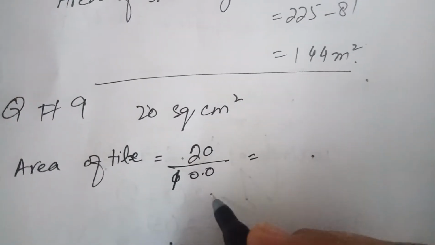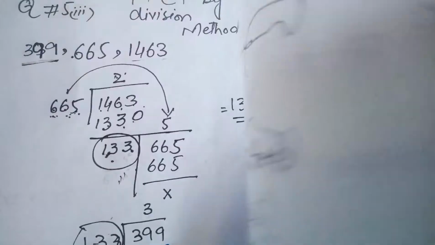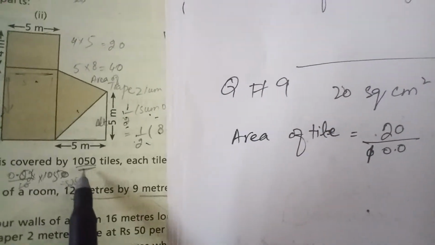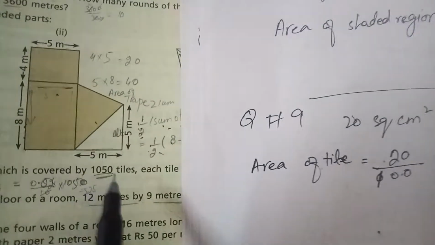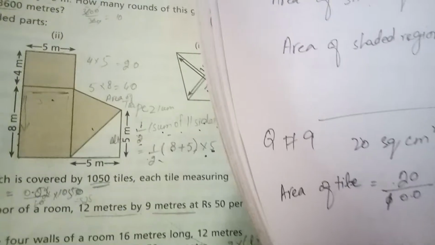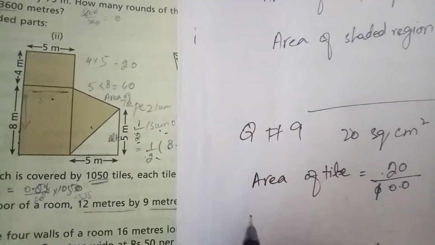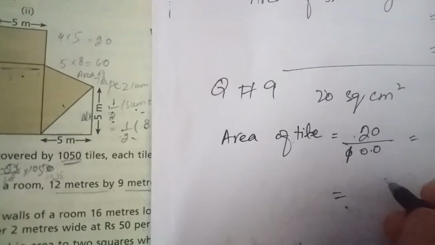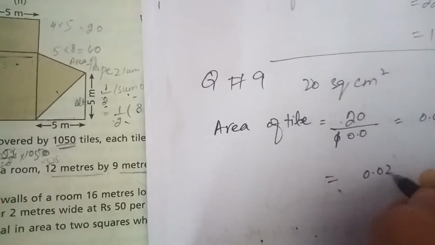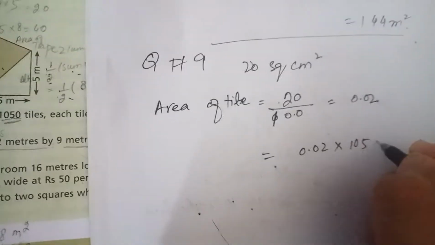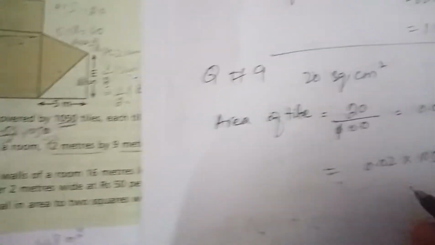After dividing it by 100, it will become 0.02. Then, for the area covered by 1050 tiles, you will multiply 0.02 by 1050 to get the answer. That will be your answer.